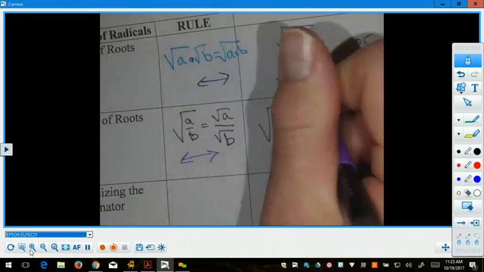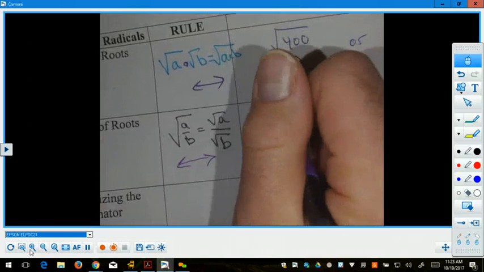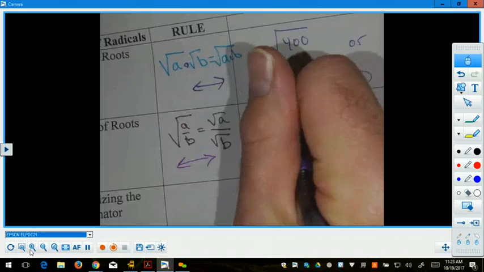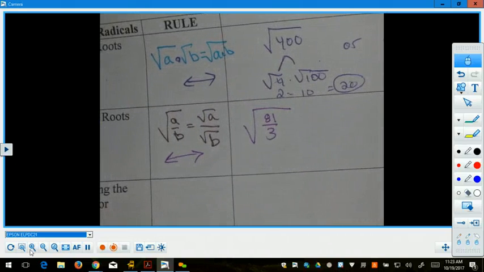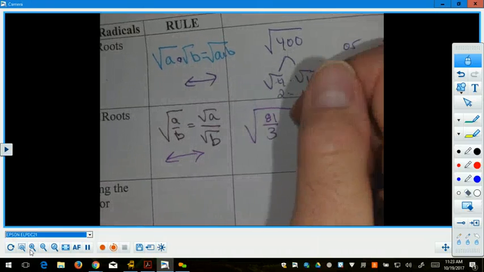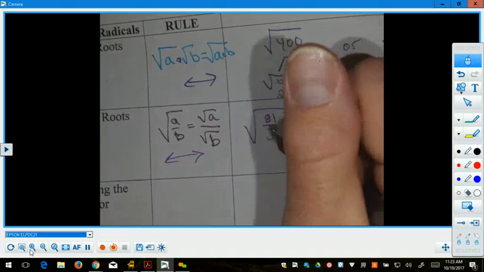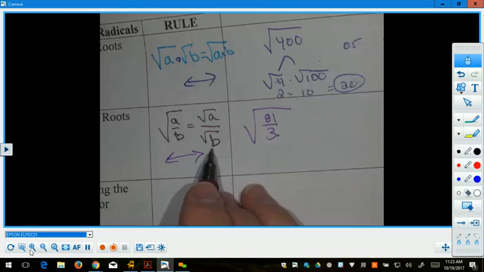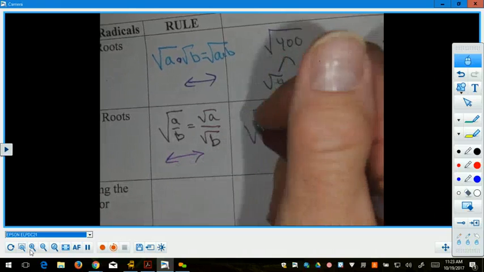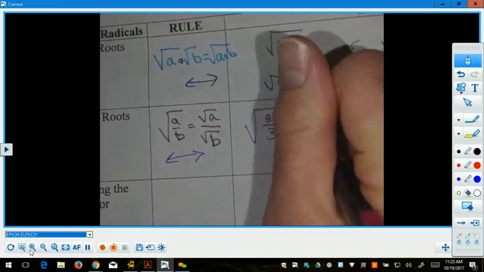I have the square root of 81 over 3. Well, actually no. Sorry, I wanted to change that. We'll just leave it like that for now. We did this type of problem already, right? Is 3 a perfect square? No. So would it make sense to separate them? No. Not really. But 3 will go into 81 how many times?